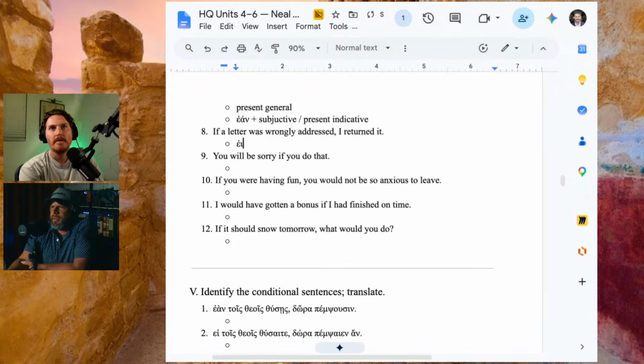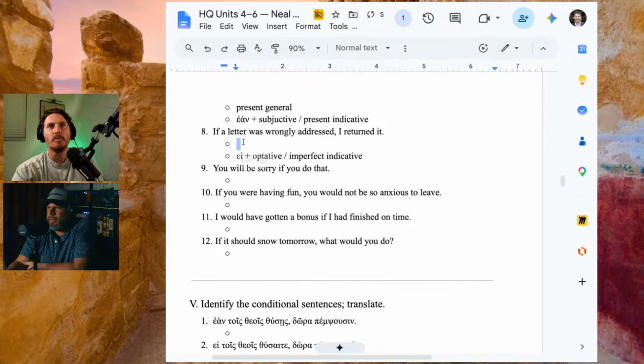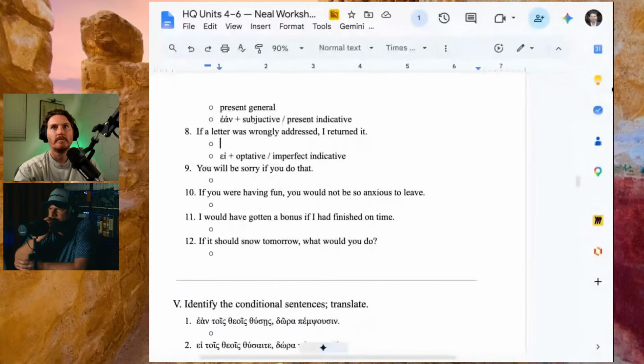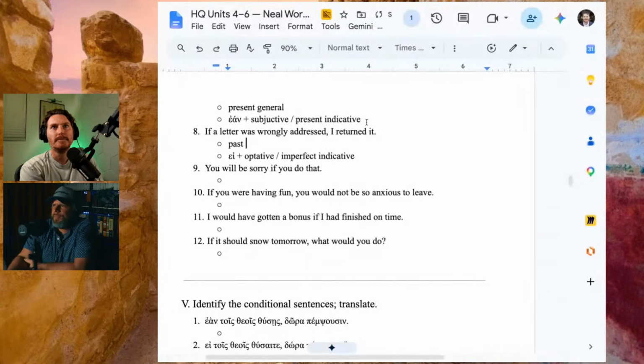So it's ei plus optative on one side. And then the apodosis, I returned it, is imperfect indicative. And then this formula gives us which kind of construction? Let me take a look at it real quick. It gives us the past general. Yep, past general.